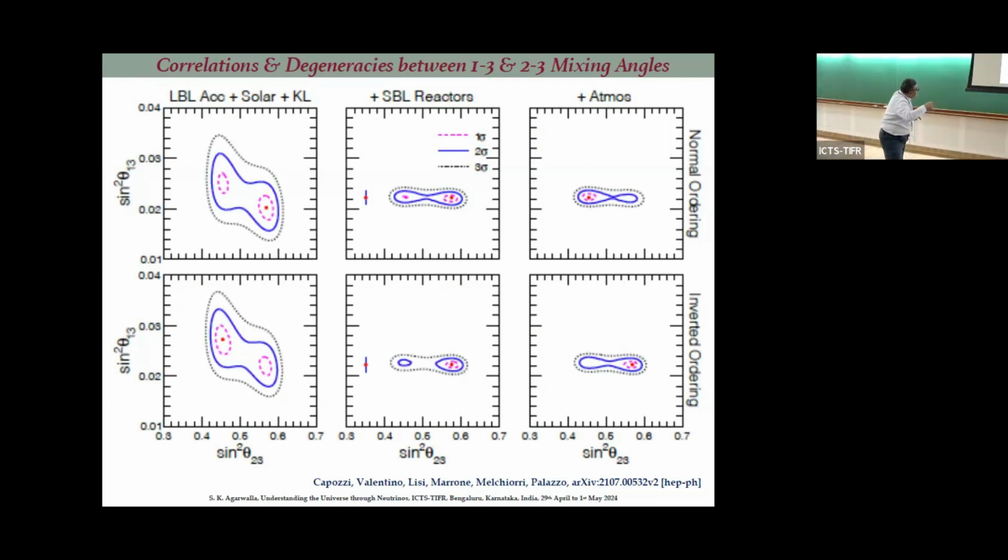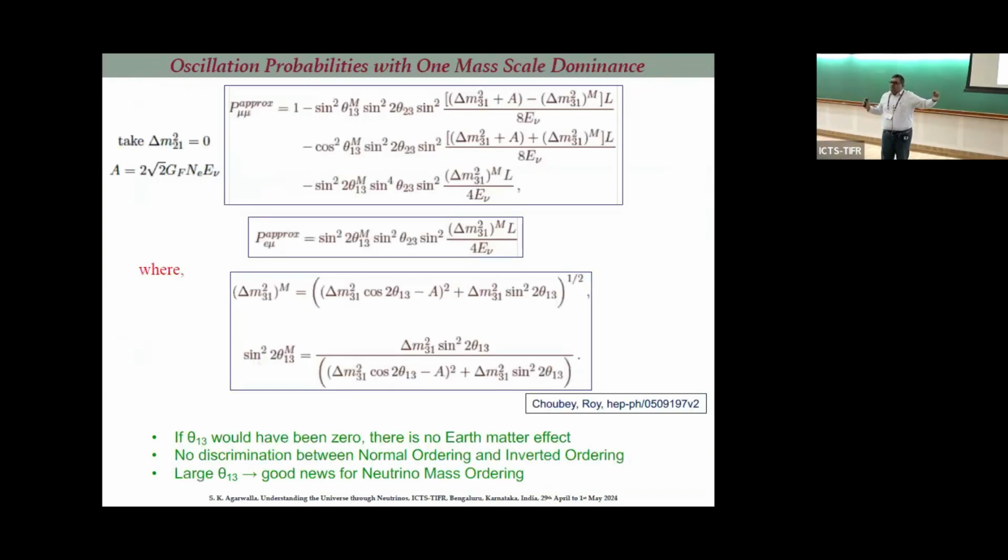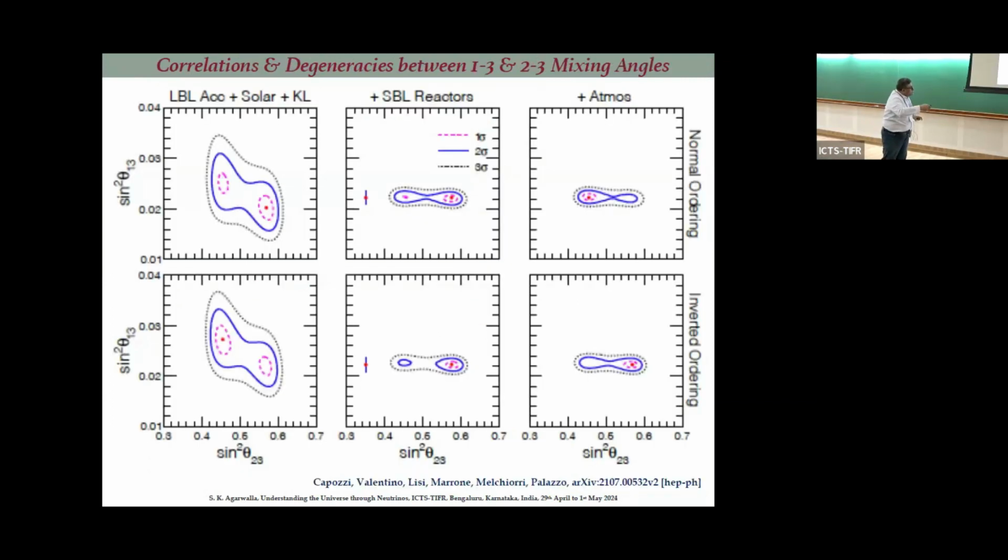You see what happened to this contour? The uncertainty in theta 1,3 gets reduced from this. That was the value measured by Daya Bay at 2 sigma. You see this straight line there? That was the only allowed value by Daya Bay. Daya Bay says, okay, I am nailing it down. So you see from this contour you get there.